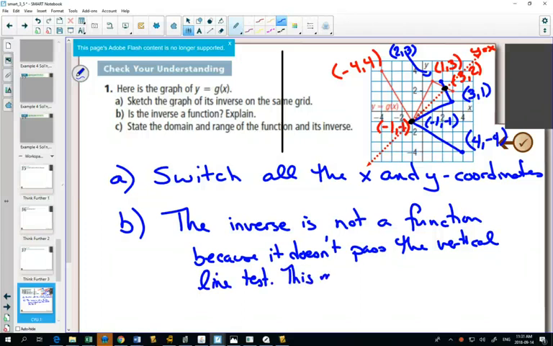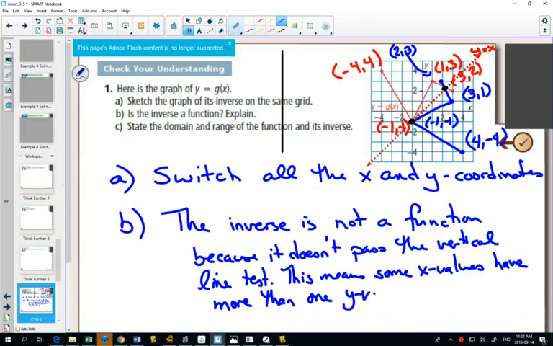This means some x values have more than one y value. If an x value has more than one y value, it's not a function.